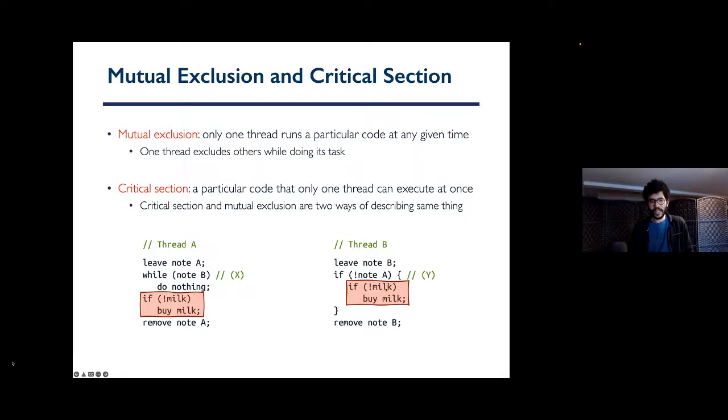This milk is that shared variable that we care about. So every time anybody wants to read or write this, we want only one thread to be able to do that. So this becomes our critical section, and we want mutual exclusion on this critical section. We want only one thread to be able to execute them.